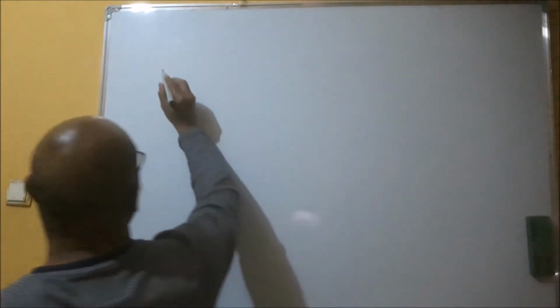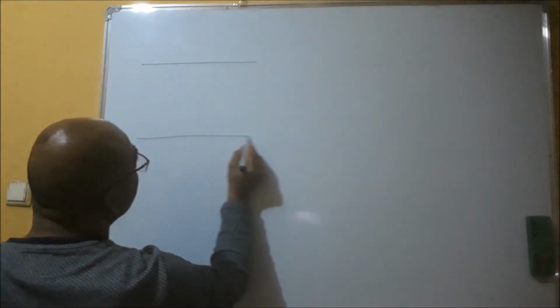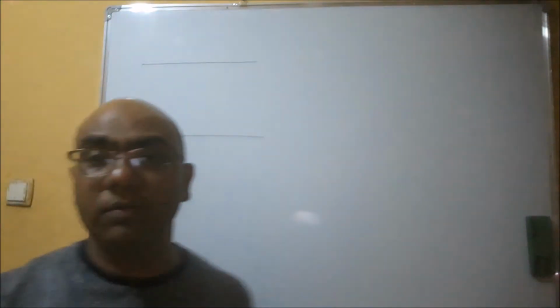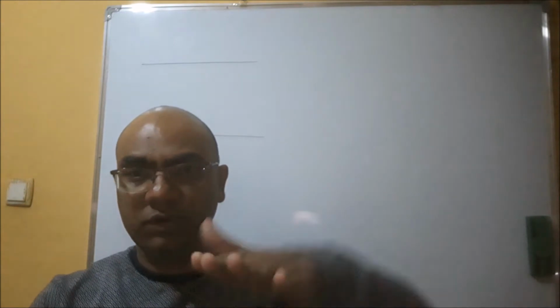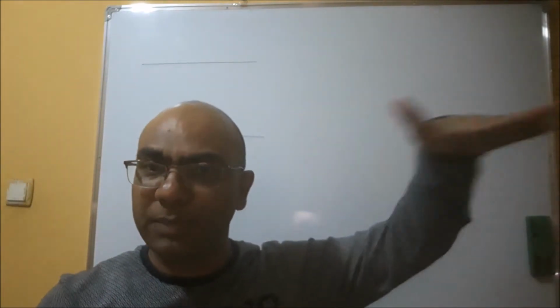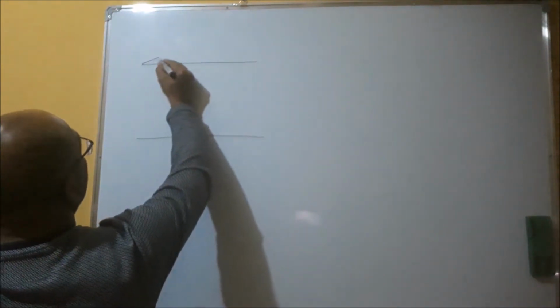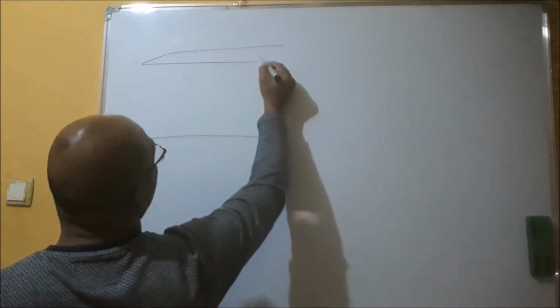Okay, so what is the question? The question is, I have two plates. This looks like a line, but it is a plate, because I cannot draw in 3D. So, if I want to draw, then I will draw like this.